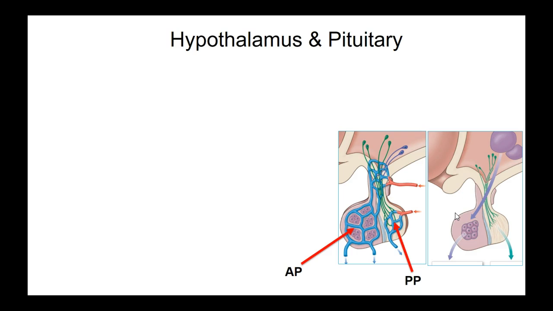The posterior pituitary gland, neurons project to it that start off in the hypothalamus. And so here, these neurons are the ones that generate the hormone that gets released into the bloodstream. Okay?